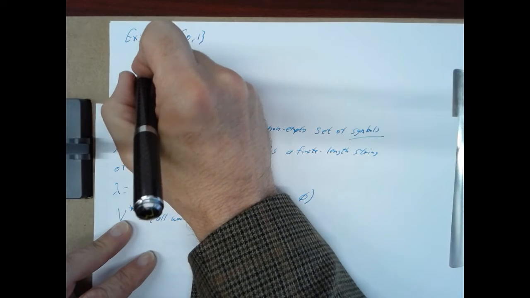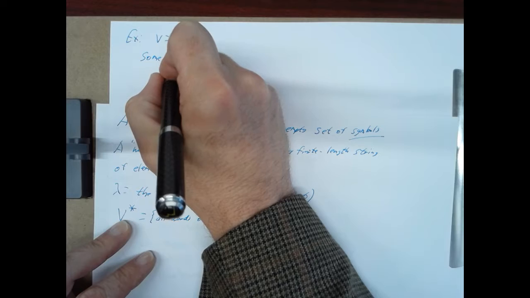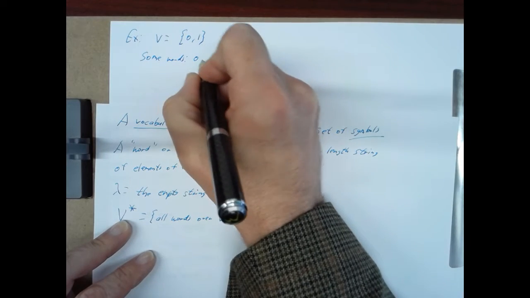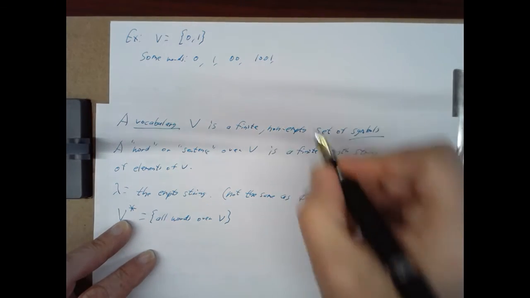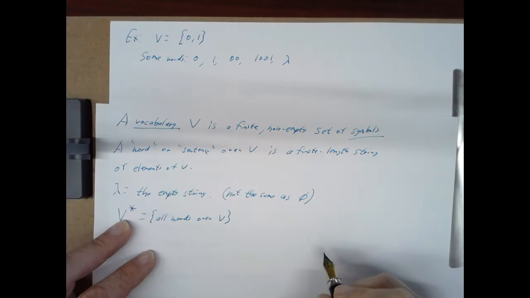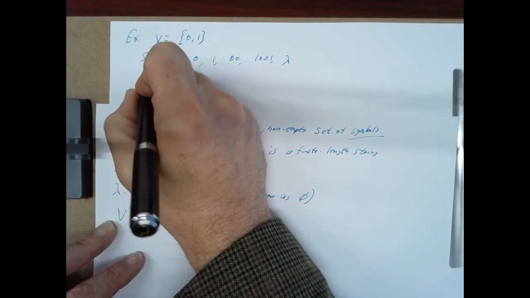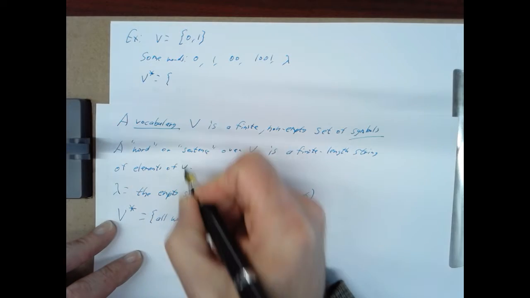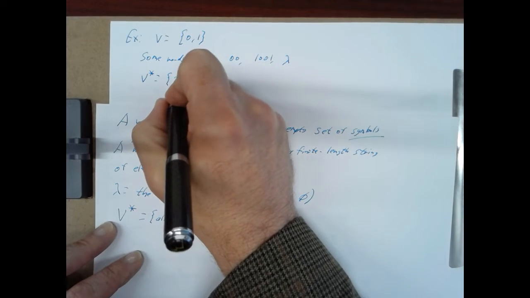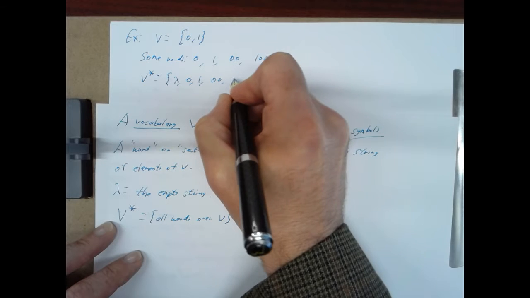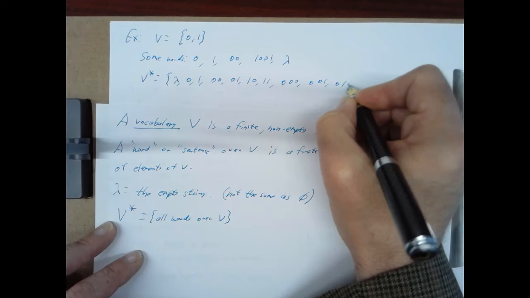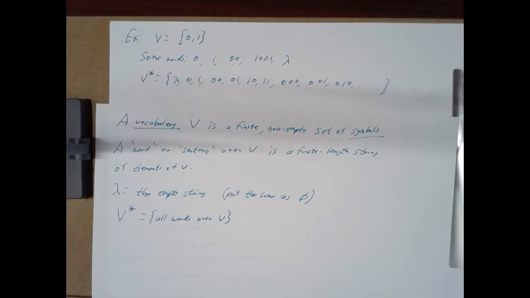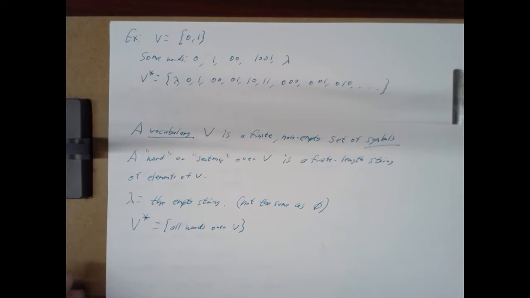And so some words would be 0, 1, 0 0 1, 0 0 1, as well as the empty string. And V star would be the set of all possible words. So it could be the empty string, it could be 0, 1, 0 0, 0 1, 1 0, 1 1, and so on. And that's clearly an infinite set. So all the possible words you can make over that vocabulary.